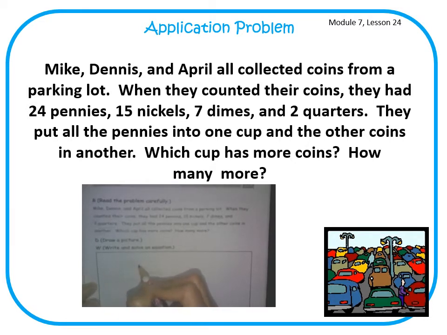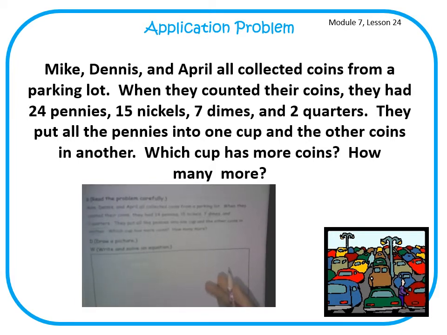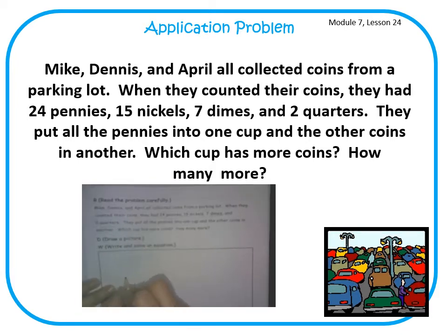Because that's what they put. So pennies. Then they put 15 nickels, 7 dimes, and 2 quarters.